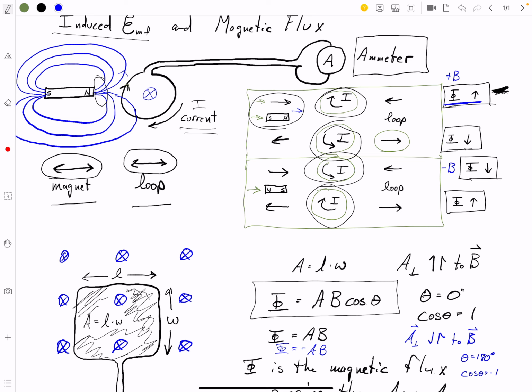Okay? That is our induced magnetic field. So B induced opposes the flux. So the B induced is a flux as well, and that flux is going down, trying to reduce the amount of flux going in.